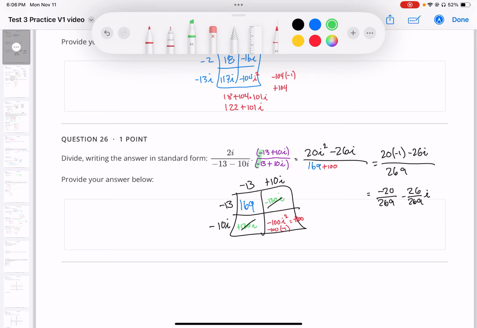And then also when I distributed, I didn't do 10 times 2i or 10i times 2i. I just did 20i squared. I just forgot to times it by the 2. I did the i squared part, but I didn't do the... Anyways, my answer in the first video was negative 10 here. This should be negative 20.